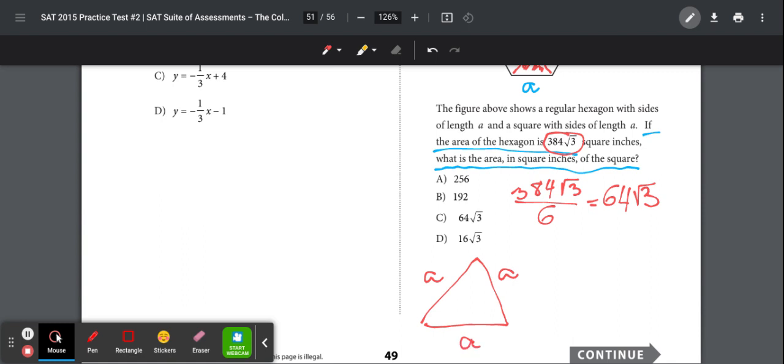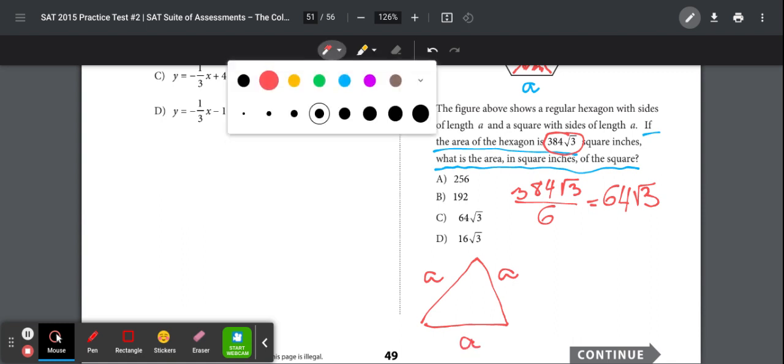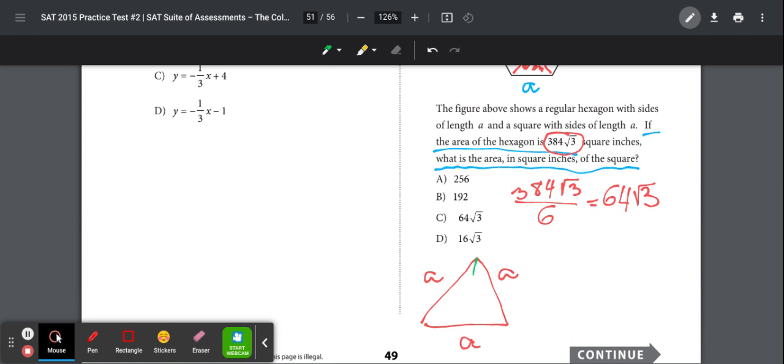is 64 radical 3. We do know that the area of a triangle is base times height, and since this is 60, equilateral, this is going to be 30 degrees. And we know in this case from special right triangle that the height of that triangle is actually the long leg in a 30, 60, 90 triangle.